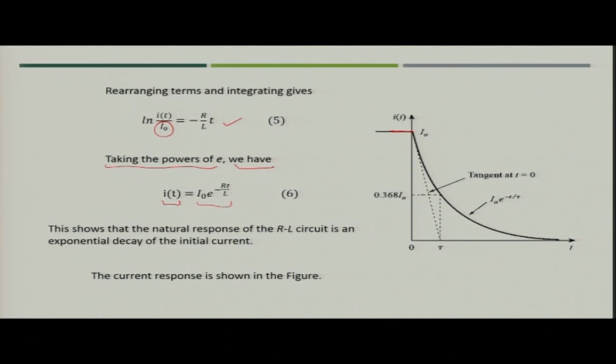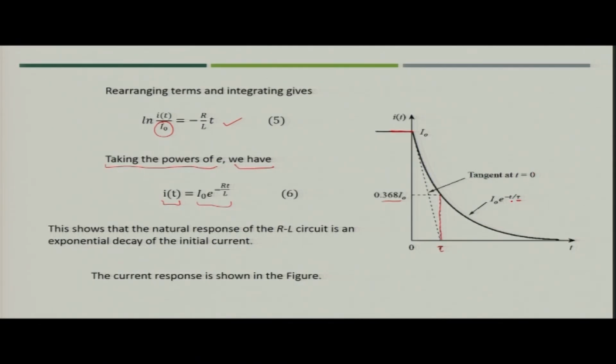If you look at this figure, you will see that at time t equal to tau, the current will become 36.8% of its initial value. Now, what is tau? If you correlate with the RC circuit, tau was the time constant.